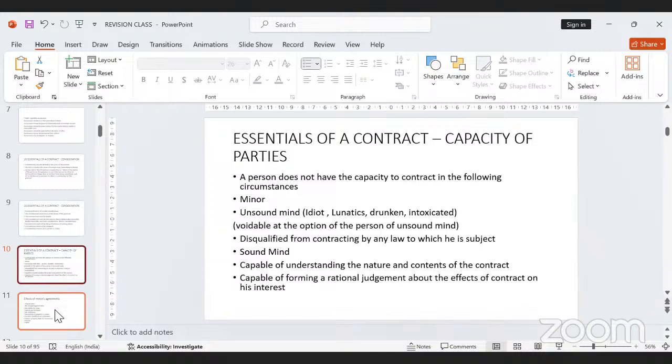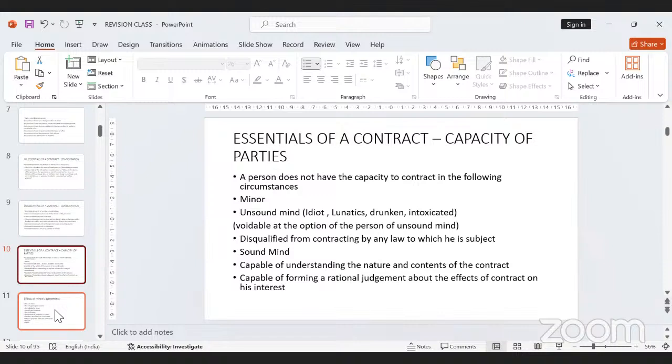So, how does law define an idiot? An idiot is a person who has permanently lost his mental capabilities. So, there is this person, because of whatever reason, that person does not have any kind of mental capability, cannot think or anything like that. That kind of a person is known as an idiot. Who's a lunatic? A lunatic is a person who has spells of mental disturbance.